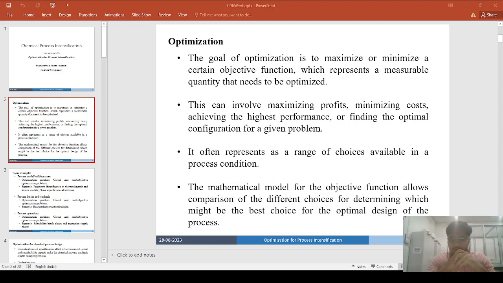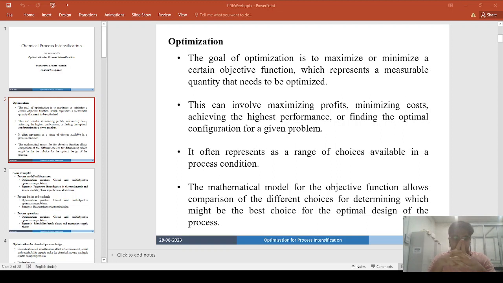Mathematically, it may give you certain choices that are available for a given process, and you must choose from those available choices to optimally run your process.